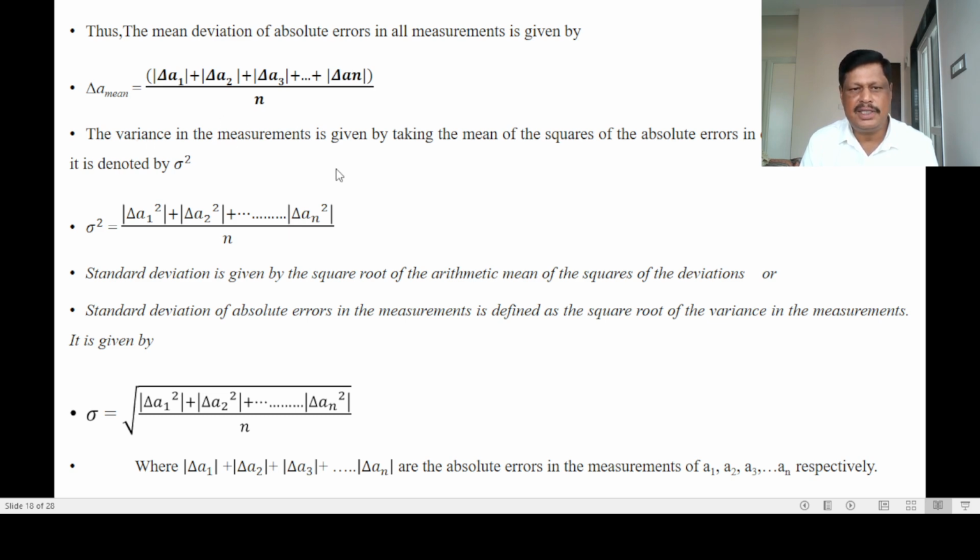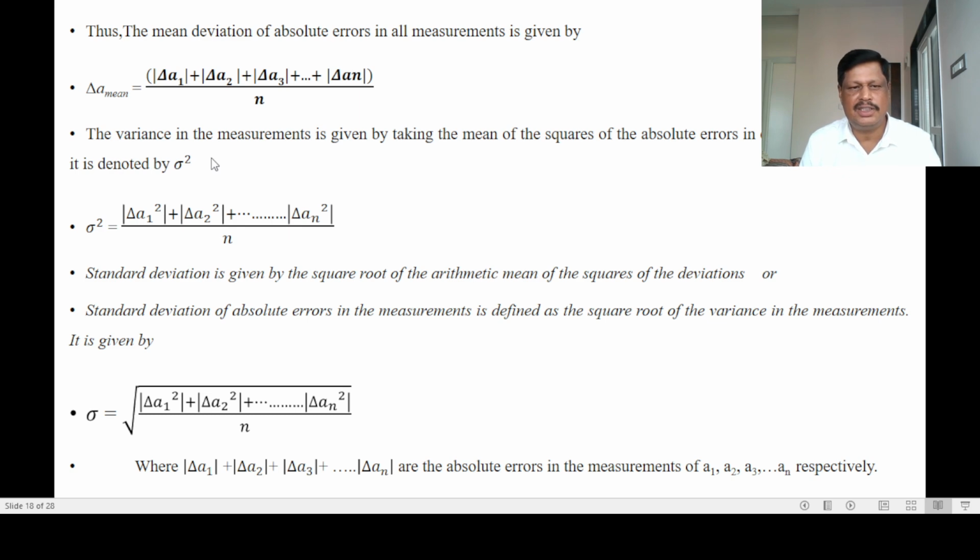The variance in the measurements is given by taking the mean of the squares of the absolute errors in each measurement, and it is denoted by sigma square. This sigma square is called variance, and sigma is called standard deviation. First we will know about this sigma square.